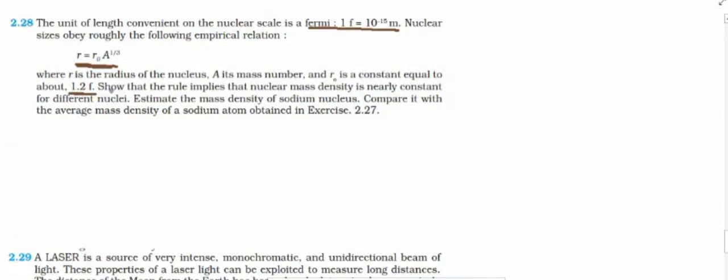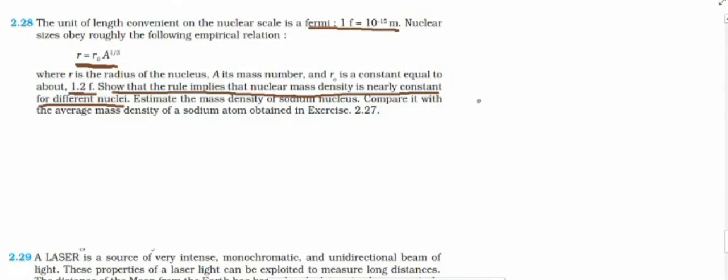Now you are asked to prove the nuclear density is nearly constant for different nuclei. Which means if you take hydrogen or sodium or uranium, all of them have nearly the same densities, which you need to prove here.